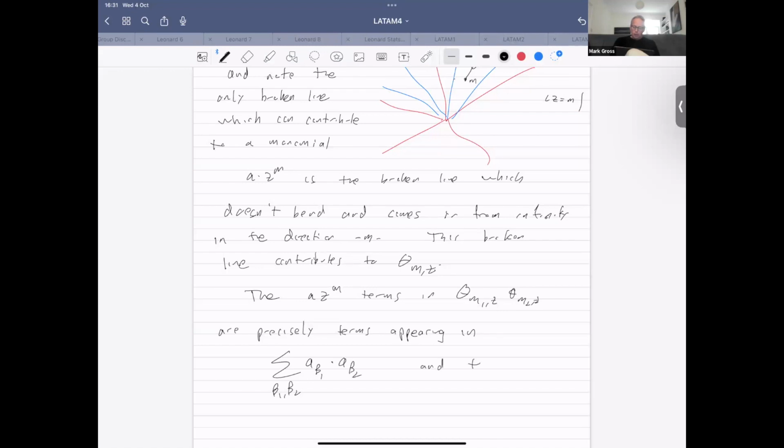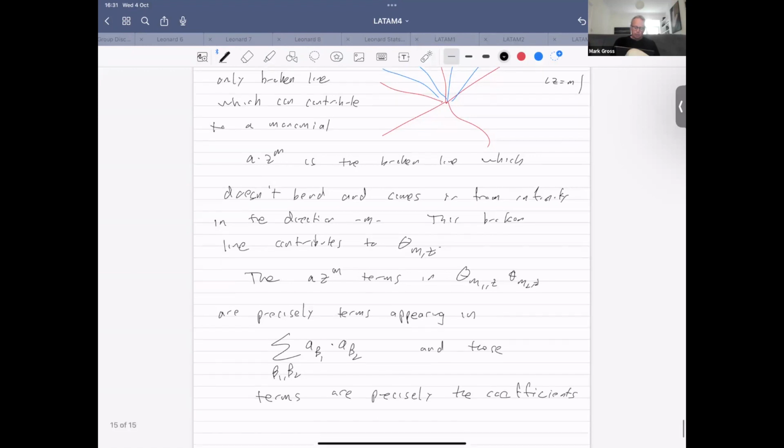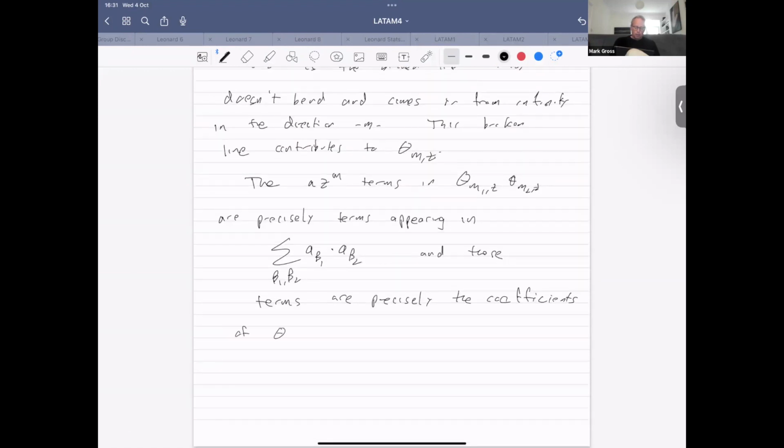And these terms are precisely the coefficients of theta m in the summation of alpha m1, m2, and theta m. Okay, so that's the proof.